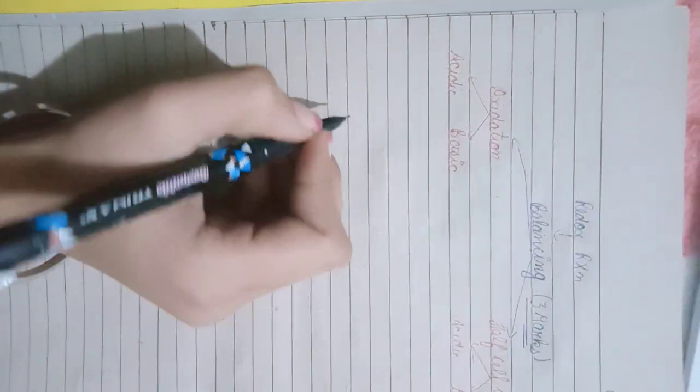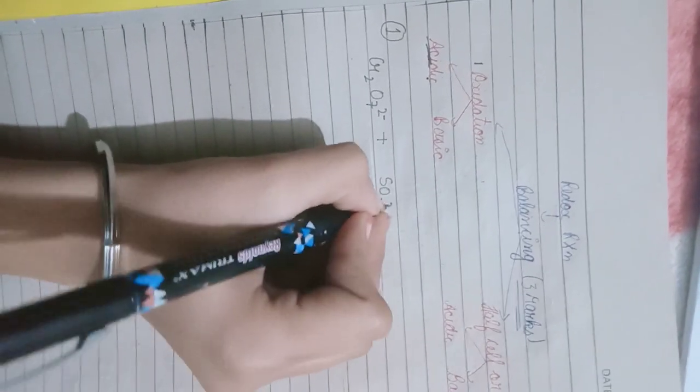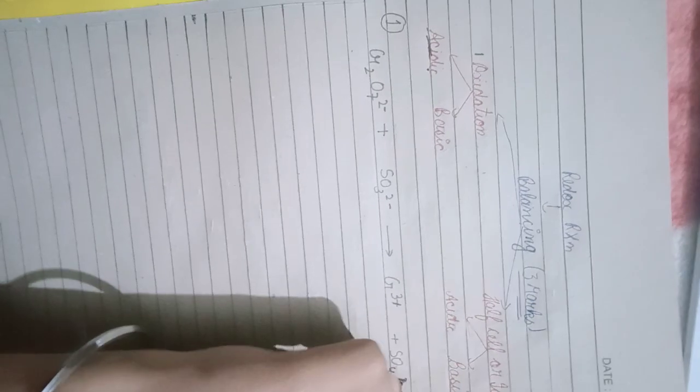So let's start with the first balancing equation. First we will do the oxidation number method in acidic medium. The question is Cr2O7 2 negative plus SO3 2 negative gives chromium 3 positive plus SO4 2 negative.